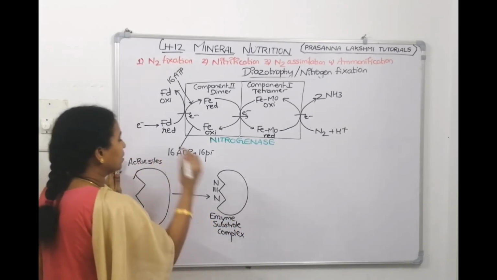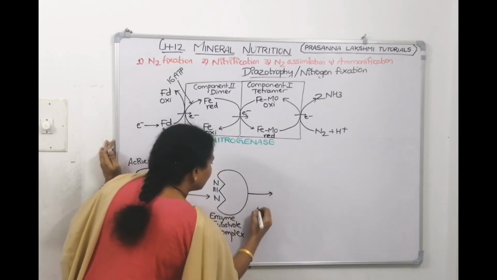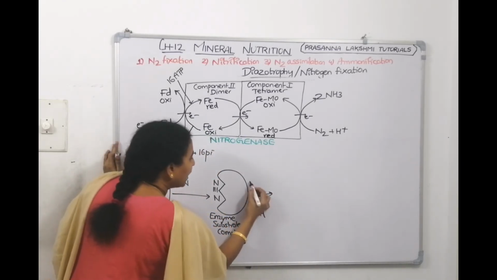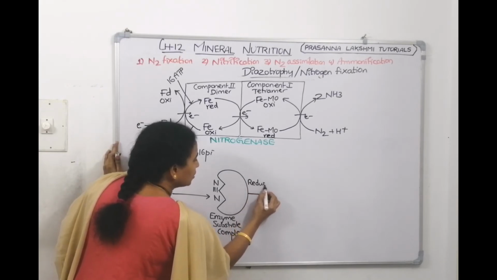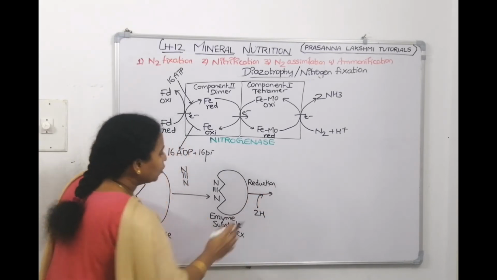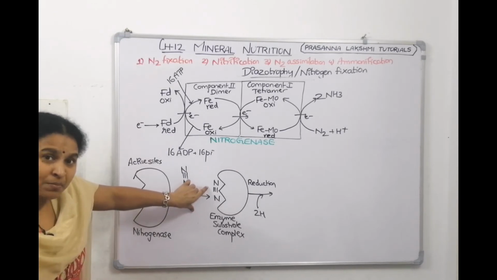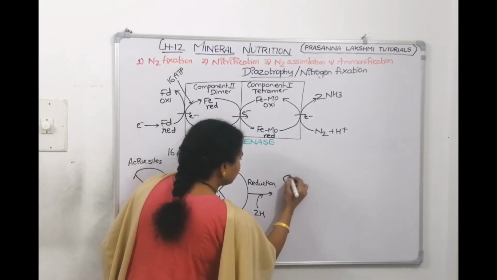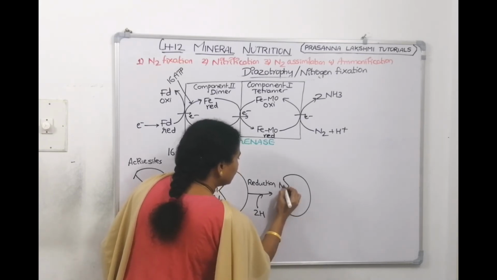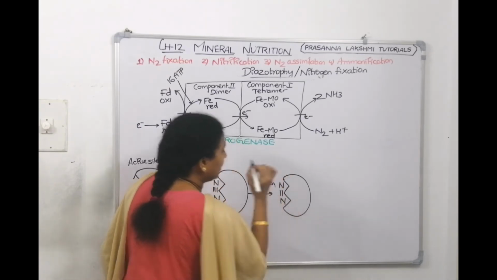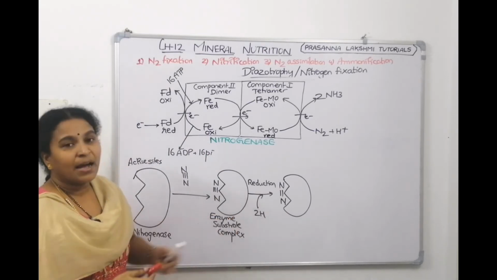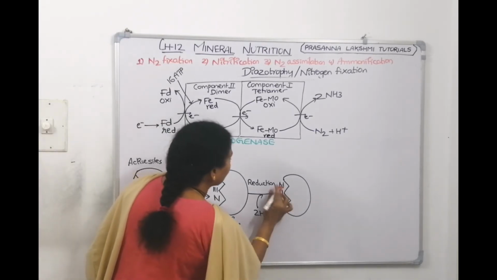Now we will do reduction, right? So we will add 2 hydrogens. What is this step called? Reduction. So when you add 2 hydrogens, one triple bond becomes a double bond. Let us see what happens. N double bond N, and one bond got broken, the hydrogens will get added.